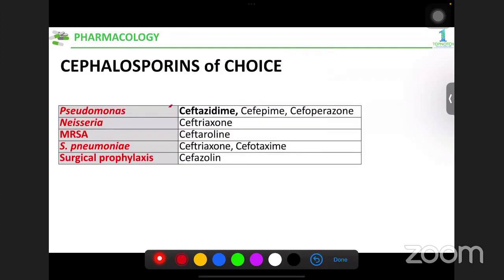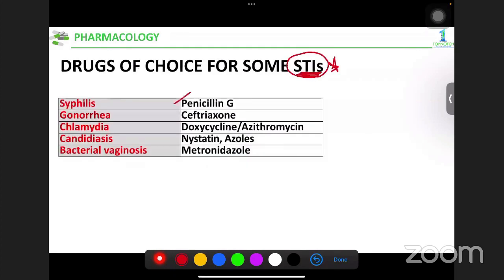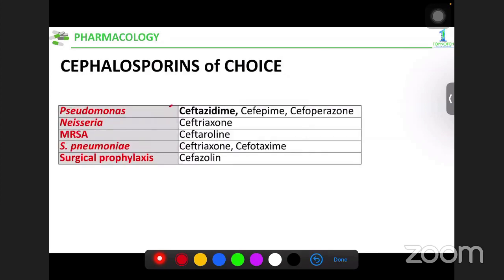So drug of choice for syphilis is penicillin G, for gonorrhea, ceftriaxone, chlamydia, doxy or azithro, candidiasis, nystatin and your azoles. In bacterial vaginosis, metronidazole. So please know this by heart. Again, know this by heart.